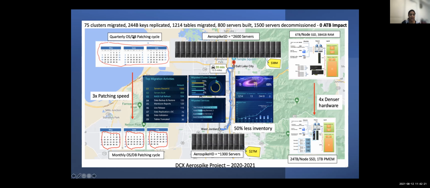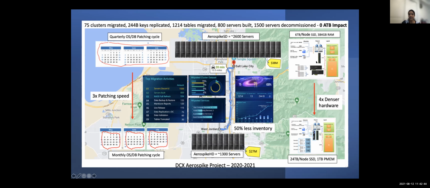Earlier it was quarterly, now it is monthly. The second is lesser inventory, because with the higher density, our server inventory was earlier 2,600 servers, which has now reduced to 1,300 servers. So we have less inventory to manage.